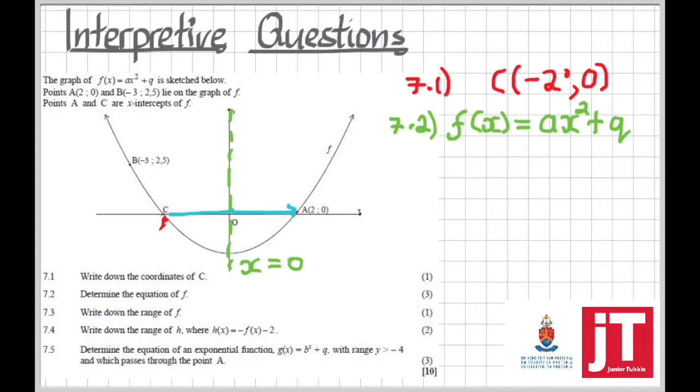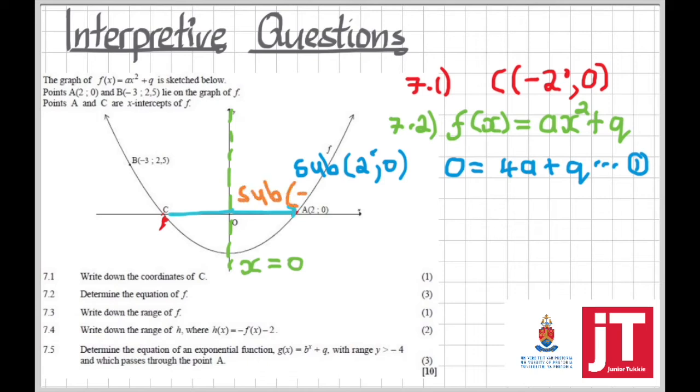We know we've got point A and point B respectively. So I'm going to substitute the point A for starters. Substituting point A with coordinates (2; 0), we form the first equation: 0 equals 4a plus q. That's my first equation. I'll do the same with the second point, (-3; 2,5), to form my second equation: 2,5 equals 9a plus q.